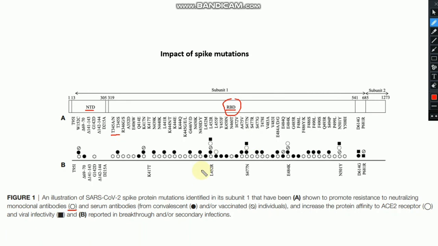All right, and also these black spots are for the vaccinated individuals. So this kind of mutation promotes resistance in vaccinated individuals. So all these mutations are very crucial, mostly for higher infection rate and transmissibility, and for reducing the effect of neutralizing monoclonal antibodies and vaccines.